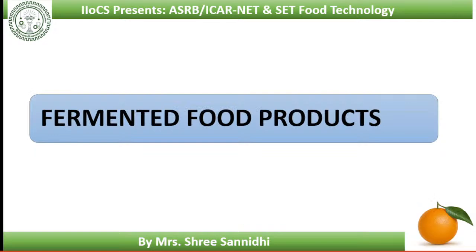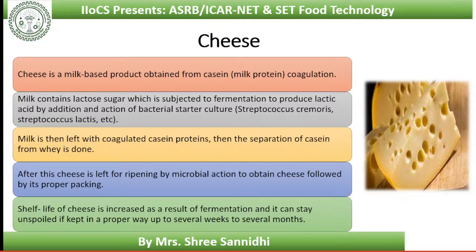So that's all about the process of fermentation. Let us see about some fermented food products available in the market. The first one, which is being used widely nowadays, is cheese. Cheese is a milk-based product obtained from casein, that is, the milk protein coagulation.